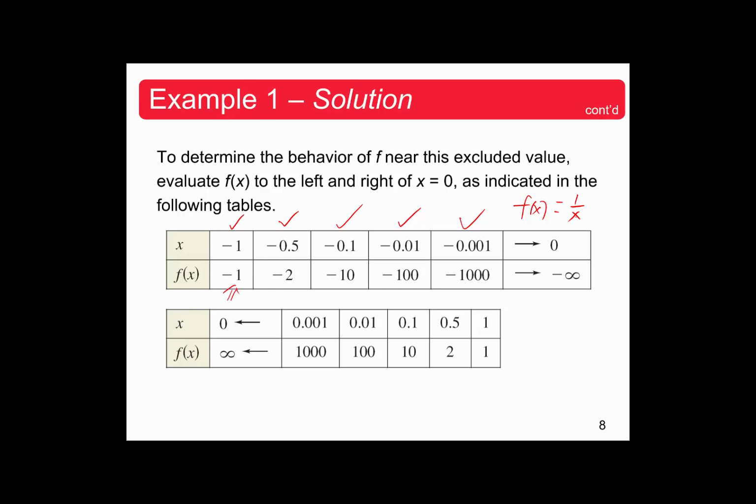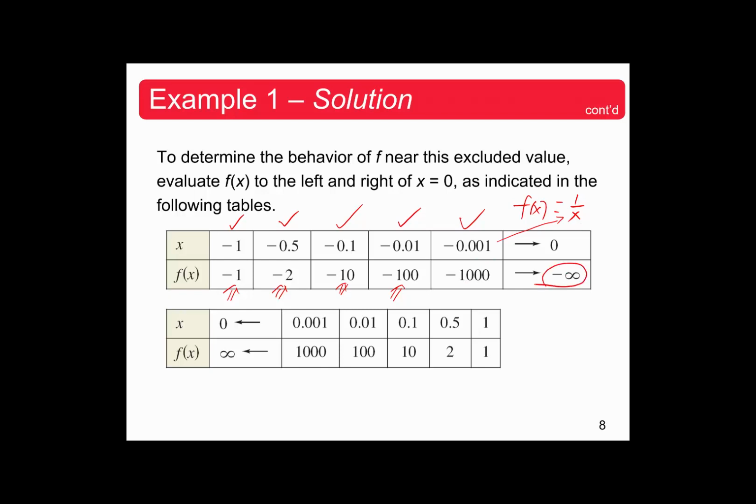Negative 0.5 gives negative 2. Negative 0.1 gives negative 10. Negative 0.01 gives negative 100. And negative 0.001 gives negative 1000. So as you can see, when x gets infinitely close to 0, f of x approaches negative infinity.